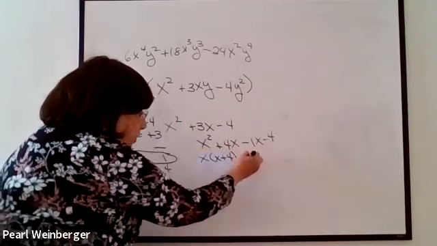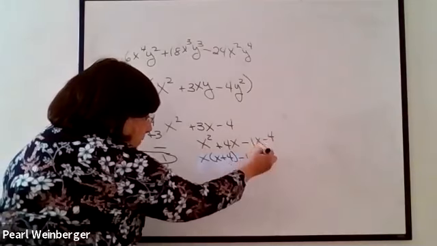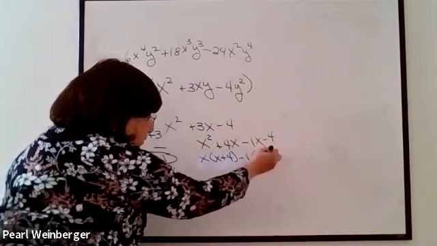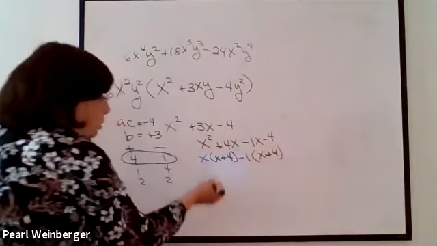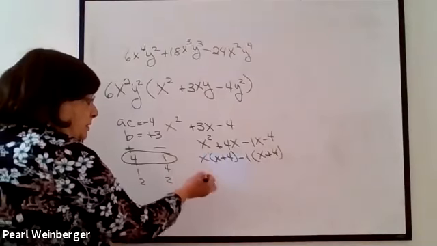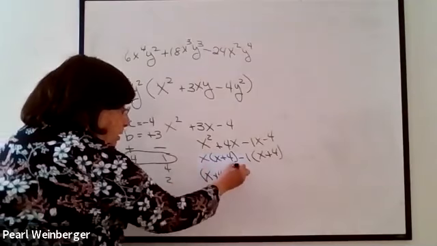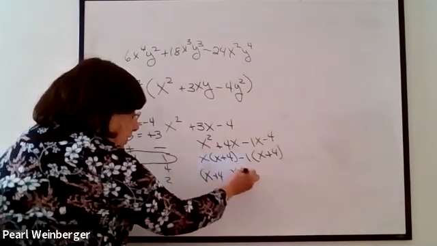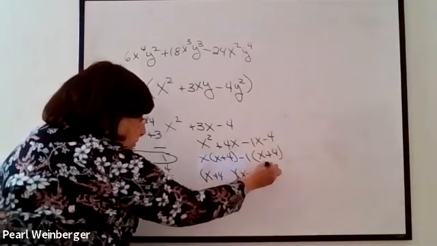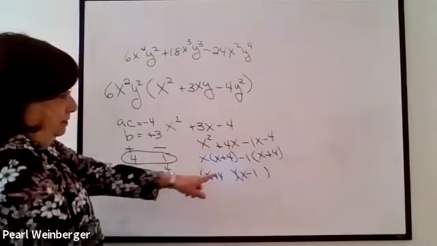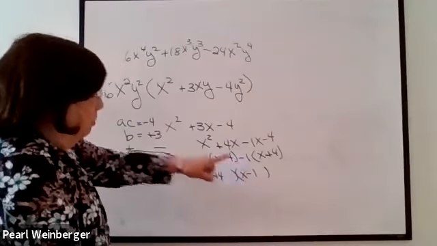So I put a negative 1 on the outside, and that gives me a positive x and a positive 4. So in my parentheses, I get x plus 4 and x minus 1.